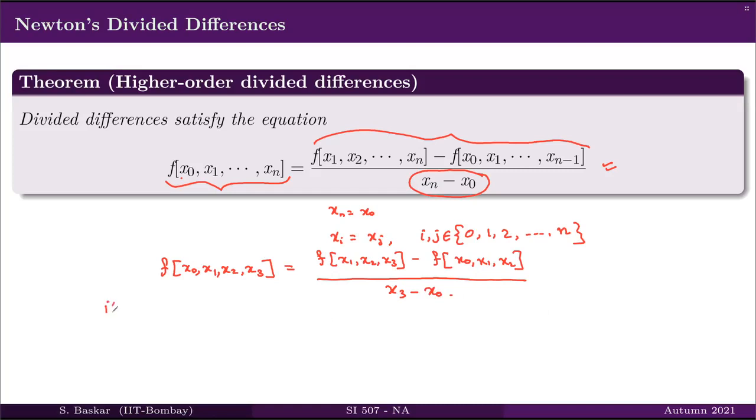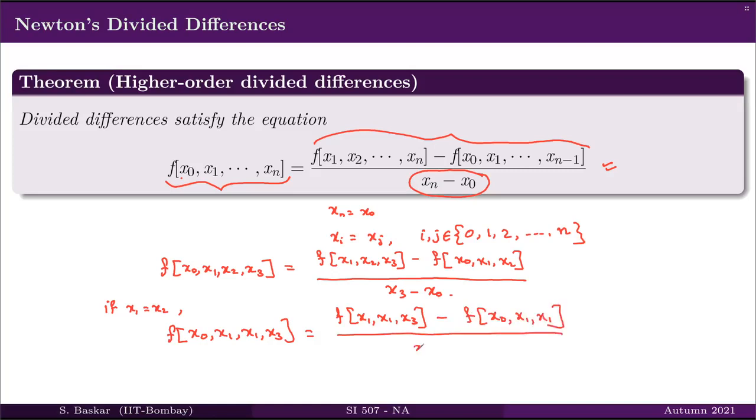What if x1 is equal to x2? Then this formula takes the form: x1, x2 is now x1, x1, x3, and therefore you have f of x1, x1, x3 minus f of x0, x1, x1 divided by x3 minus x0, right? Assume that x3 is not equal to x1 and x1 is not equal to x0.